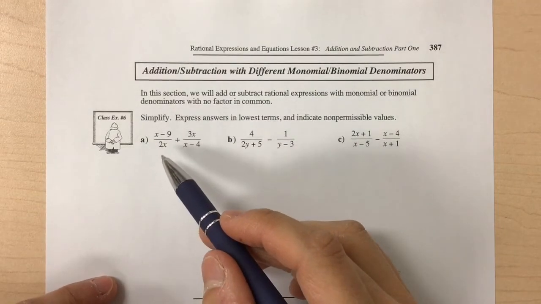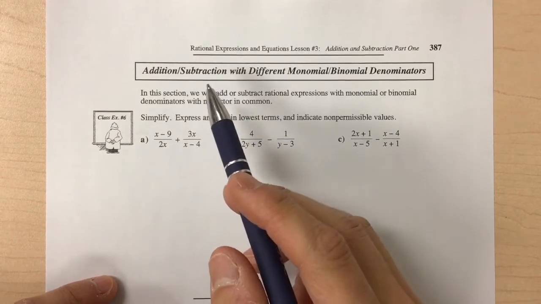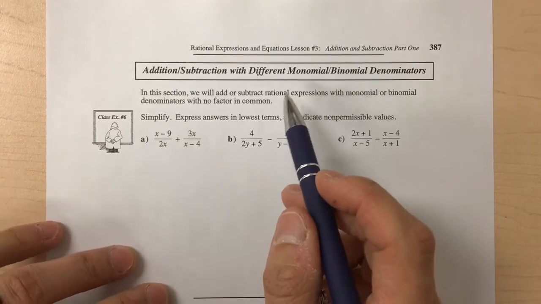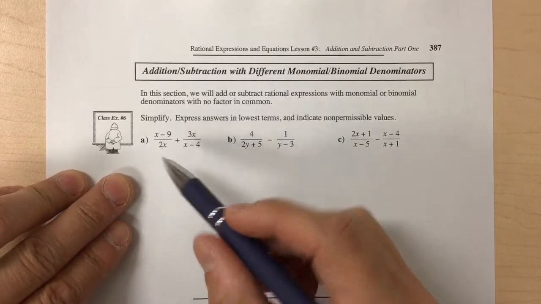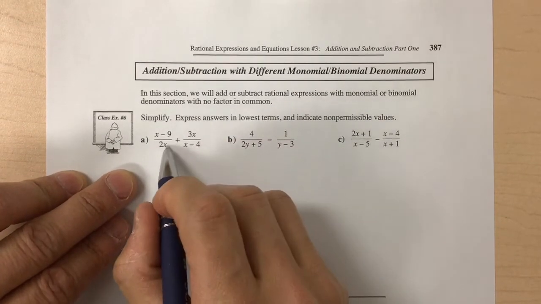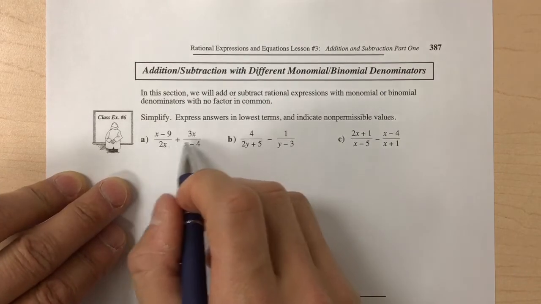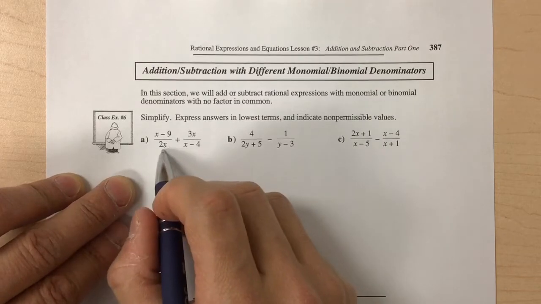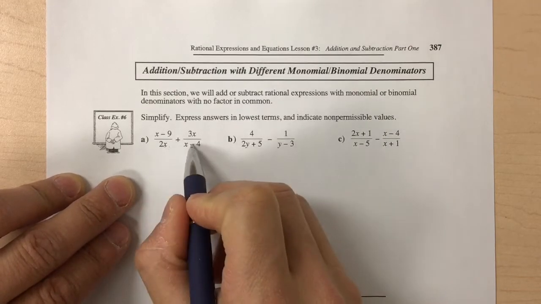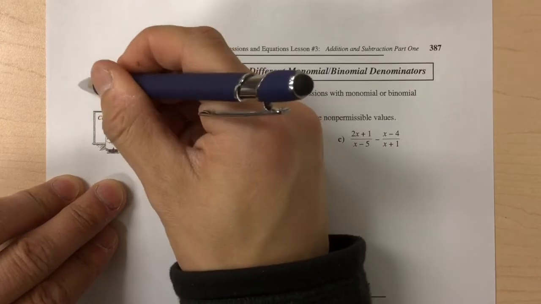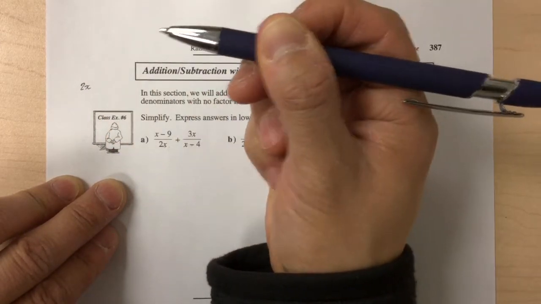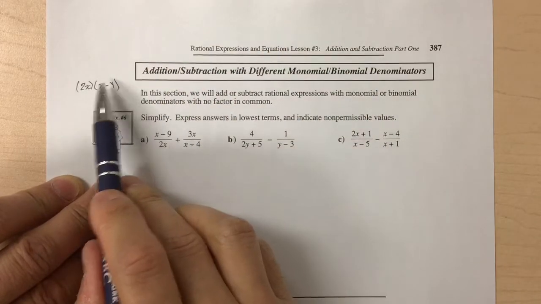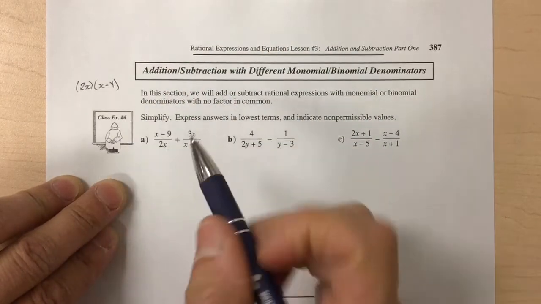Last, we're going to look at an example where I have the addition and subtraction with different monomial binomial denominators. And so these ones can be a little bit tricky because we have to find a common denominator between 2x and x minus 4. Now, the common denominator between these two is actually going to be the product of the denominators themselves. And so 2x and x minus 4, that is going to be their common denominator.